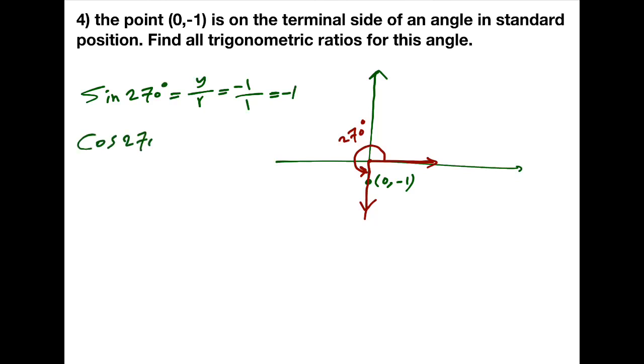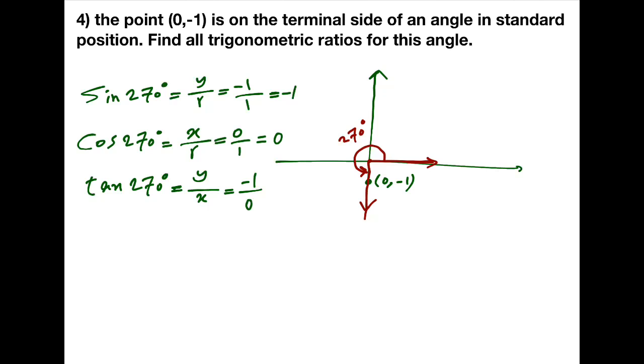Cosine of 270. Cosine is x divided by r. In this case, x is 0 divided by 1, and that is 0. And tangent. Tangent is y divided by x. In this case, y is -1 and x is 0. And again, we got another undefined value for tangent.